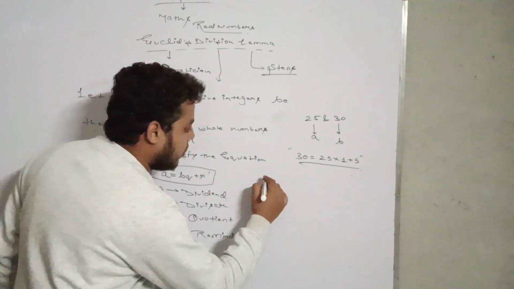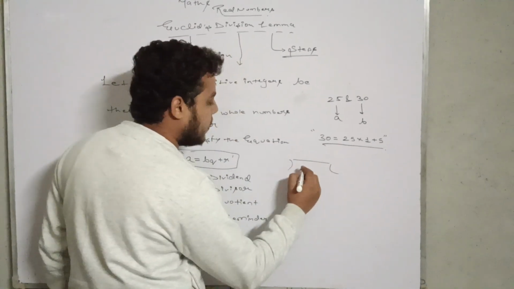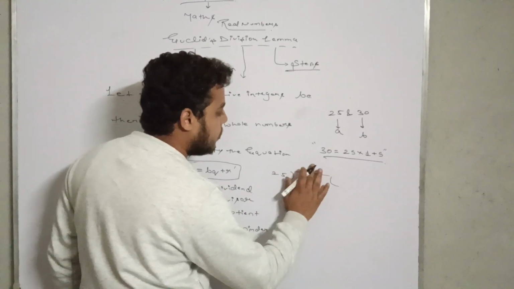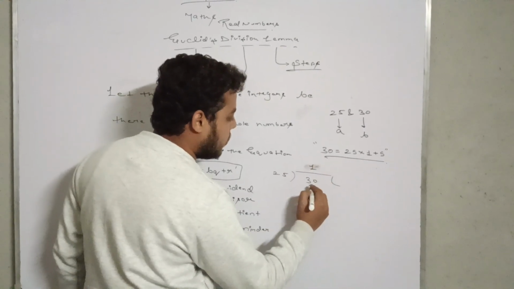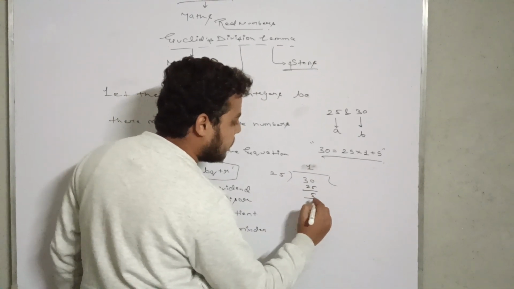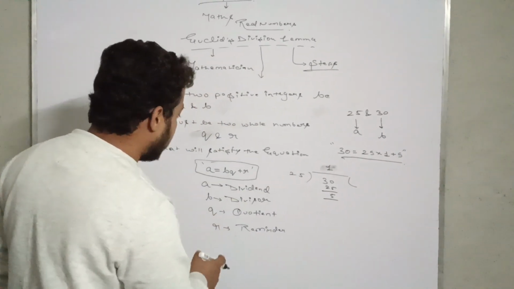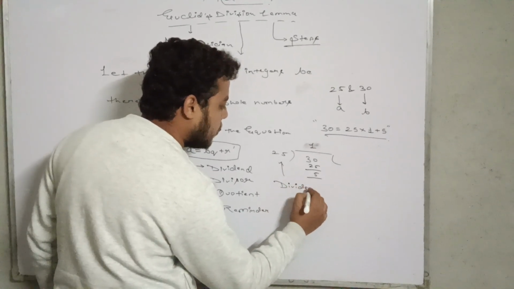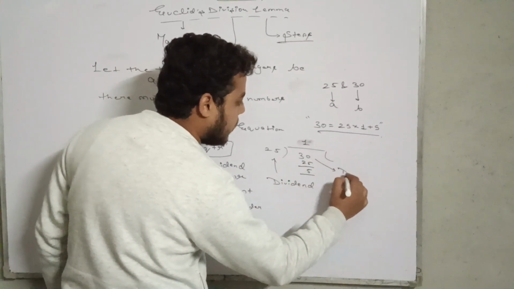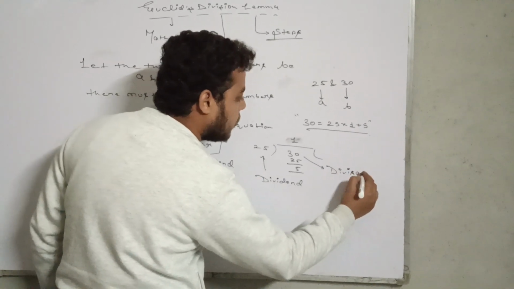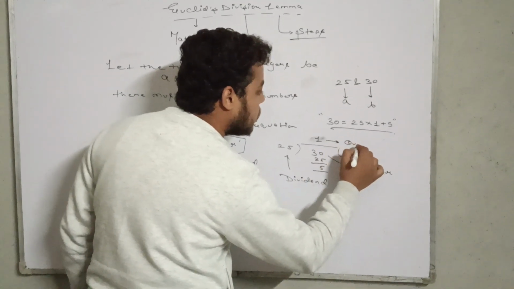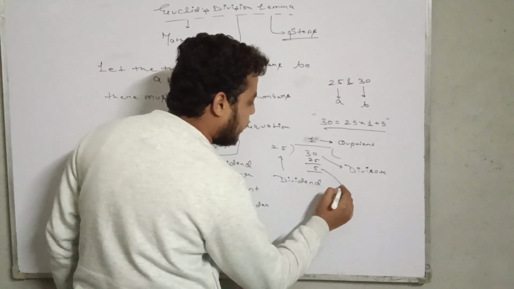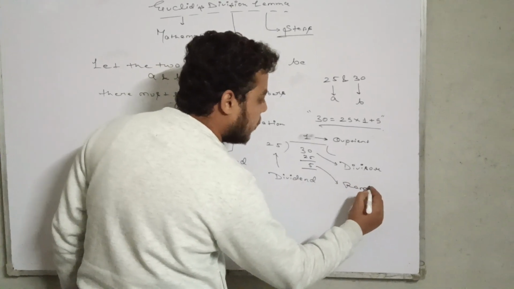If I divide 30 by 25, I get the remainder 5. Now according to this lemma, I can say 25 is the divisor, 1 is the quotient, and 5 is the remainder.